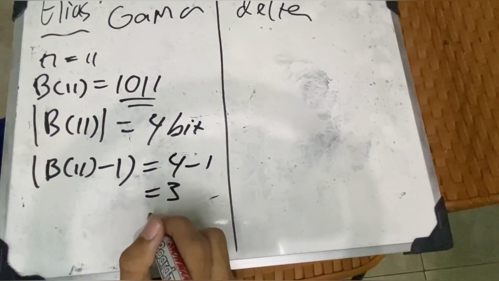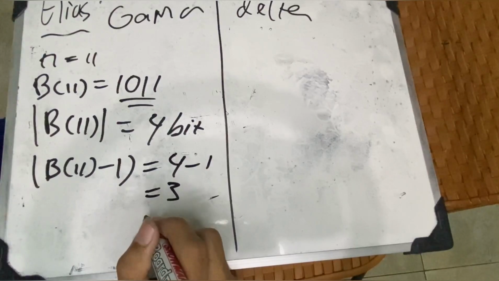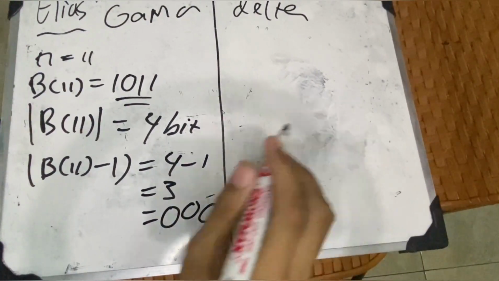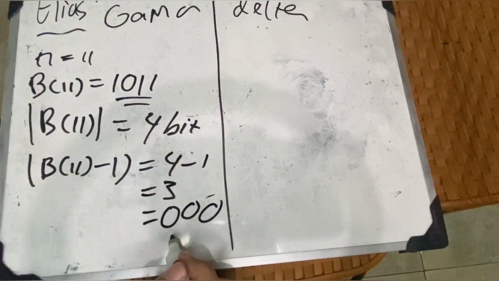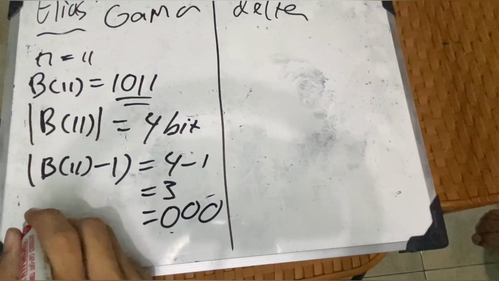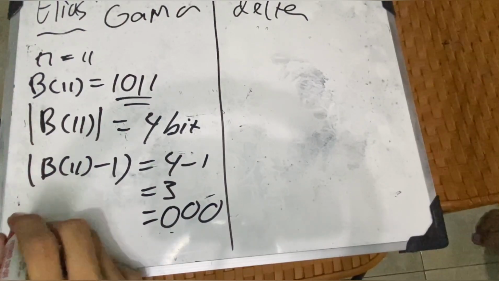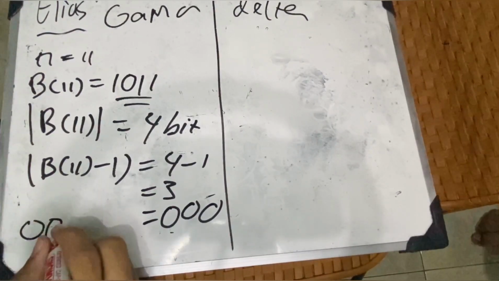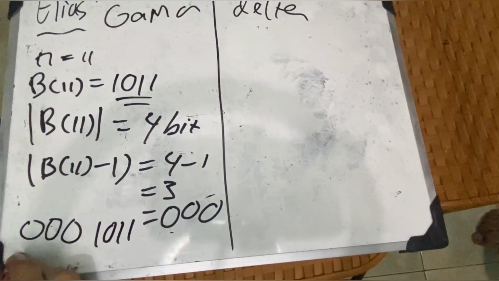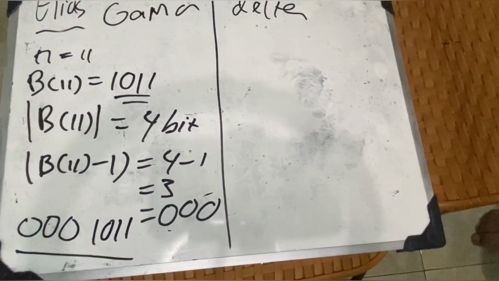So with this, finally we write the 3 zeros. Now we have two values here, 000 and 1 0 1 1. Now we can determine the Elias gamma code is 0 0 0 1 0 1 1. This is the Elias gamma encoding.